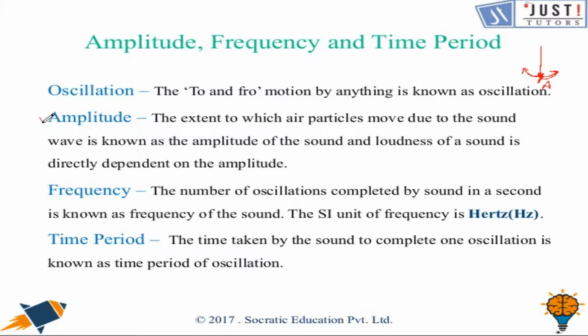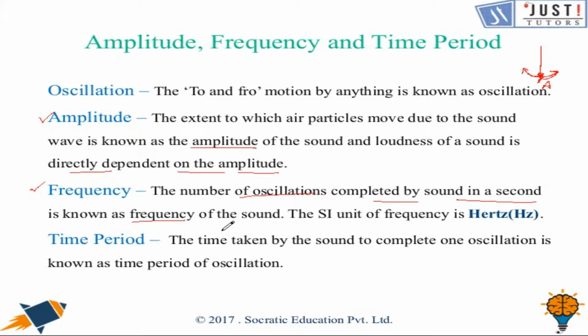Now, amplitude. The extent to which air particles move due to the sound wave is known as the amplitude of the sound, and the loudness of a sound is directly dependent on the amplitude. Remember this. Next is frequency. The number of oscillations completed by sound in a second is known as frequency.